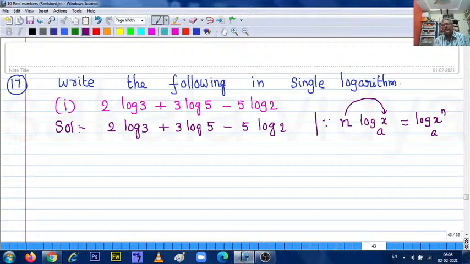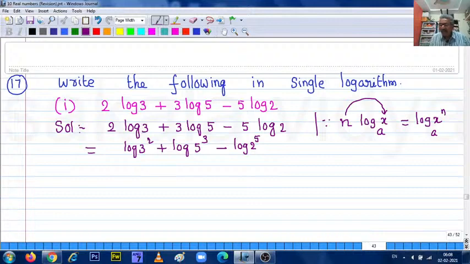This we can write taking power back: log 3 square, plus log 5 cube, minus log 2 power 5, using this rule, the power rule. This is called power rule.